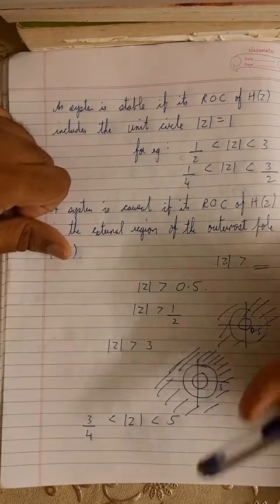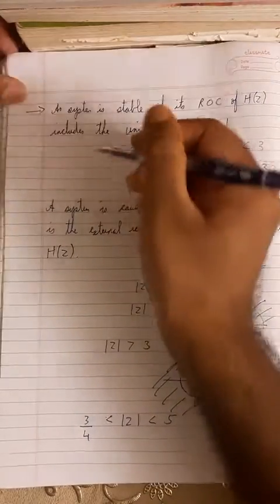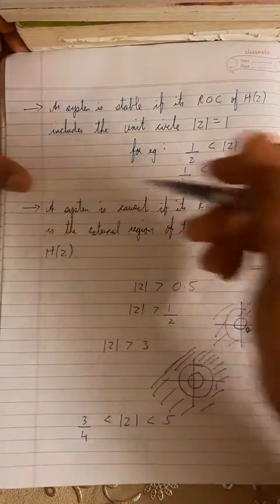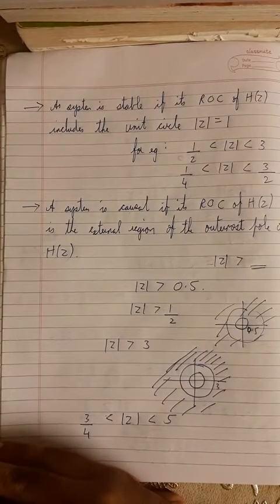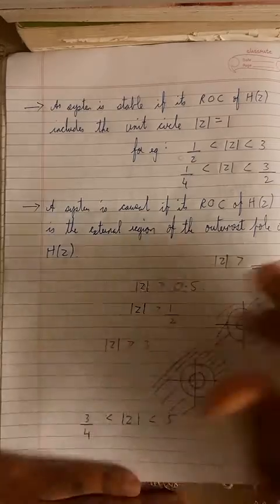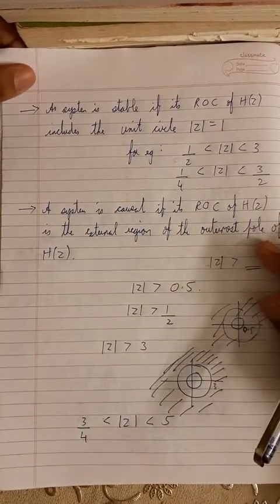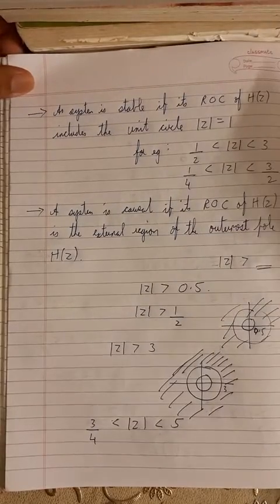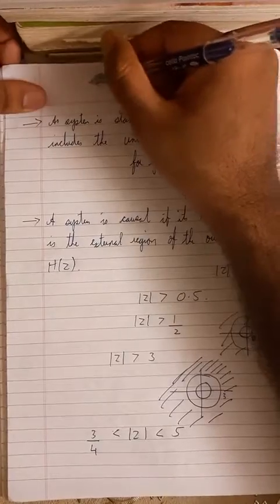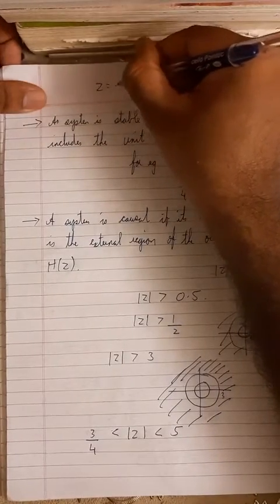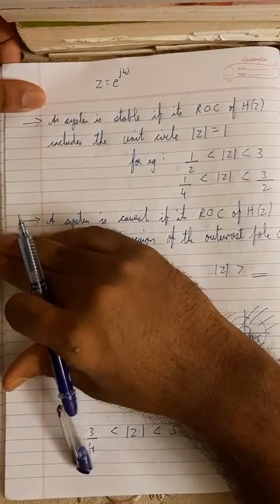Okay, this is how we check whether the LTI system is stable or not, by looking at the ROC of H of z. Now one more thing you can understand: to find the frequency response of the LTI system, all you need to do is simply substitute z equal to e raised to j omega.